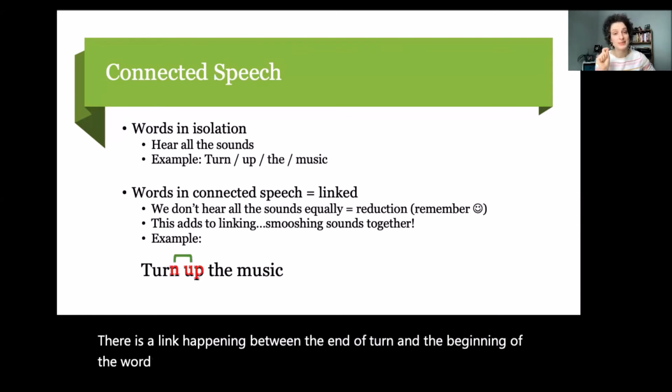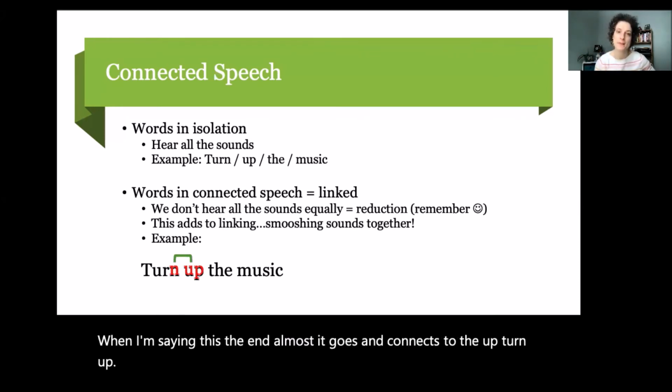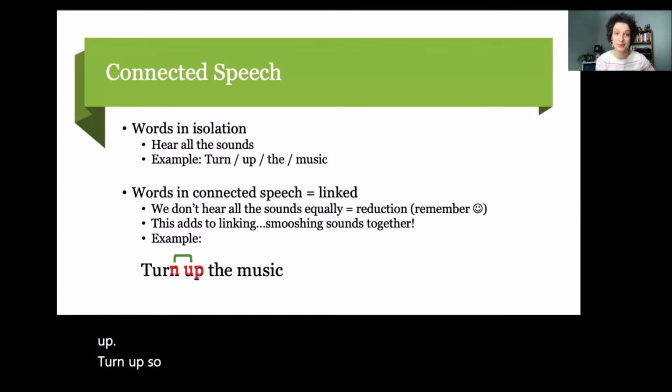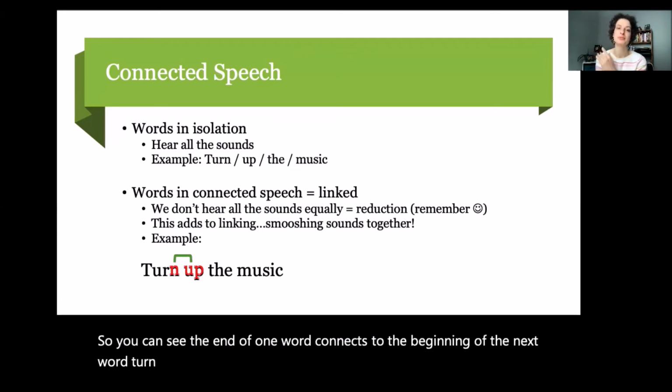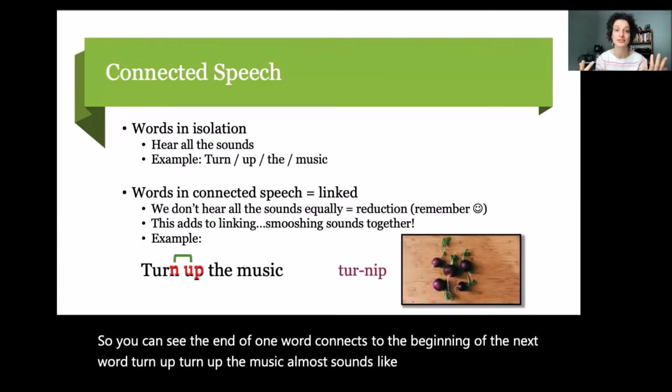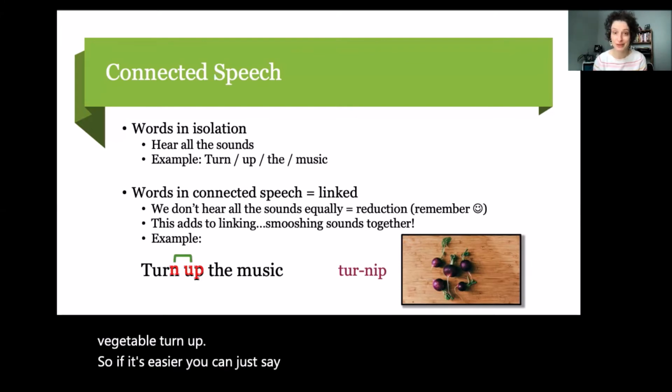When I'm saying this, the N goes and connects to the up: turn up, turn up. That N becomes part of the up, nup, turn up. So you can see the end of one word connects to the beginning of the next word: turn up the music. It almost sounds like I'm saying the vegetable turnip. So if it's easier, you can just say turn up the music.